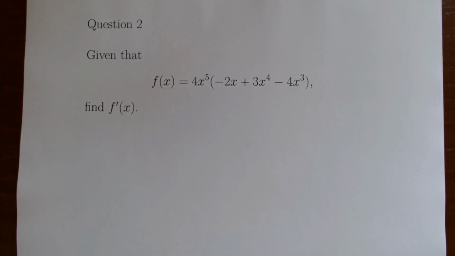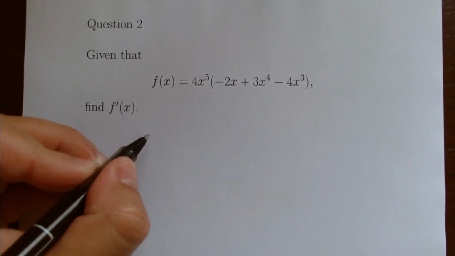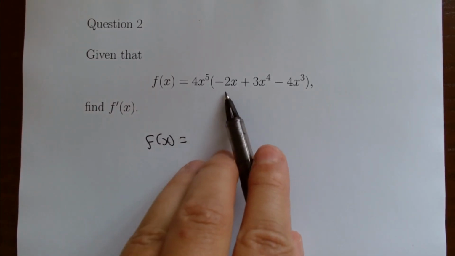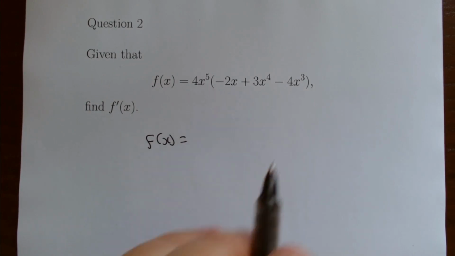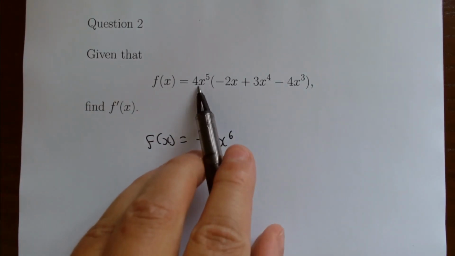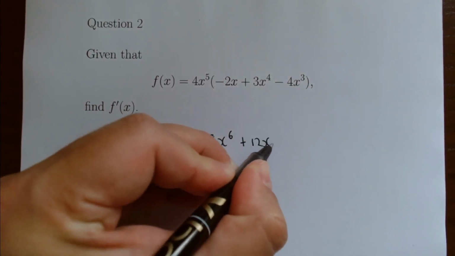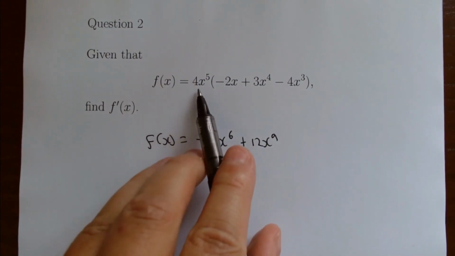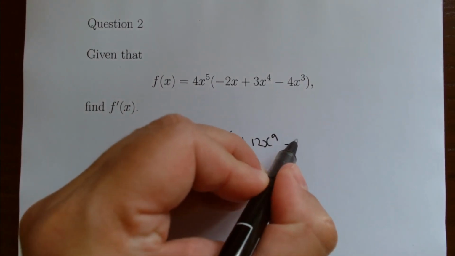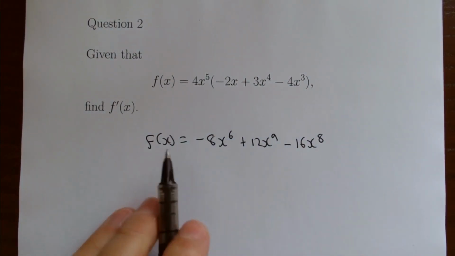Okay, question number 2. We begin by expanding the brackets. f of x equals minus 8x to the 6 plus 12x to the 9 minus 16x to the 8. Okay, and now we can differentiate it.